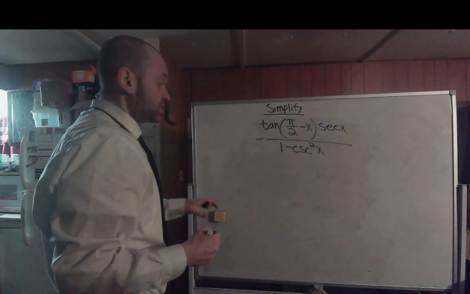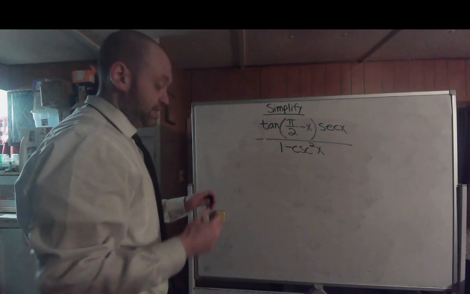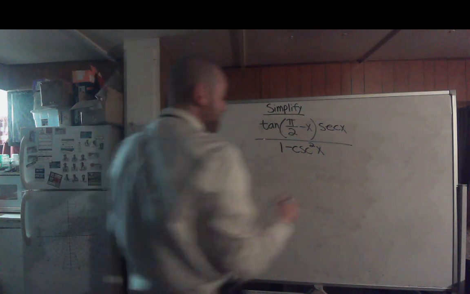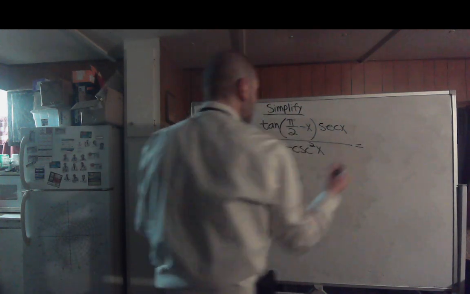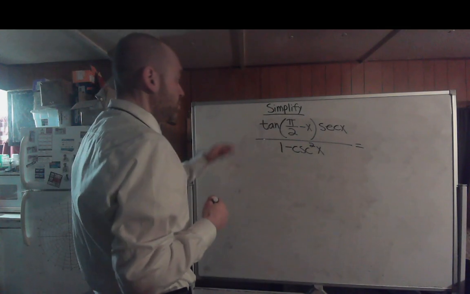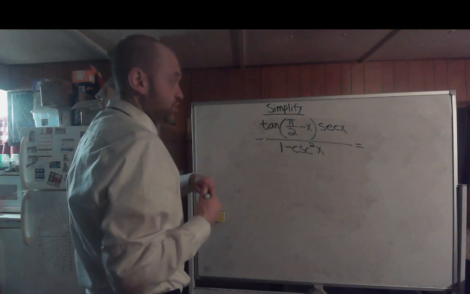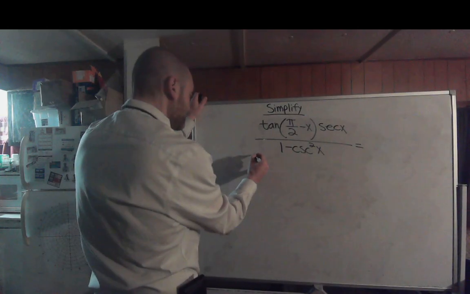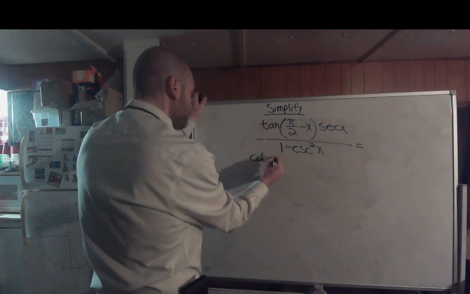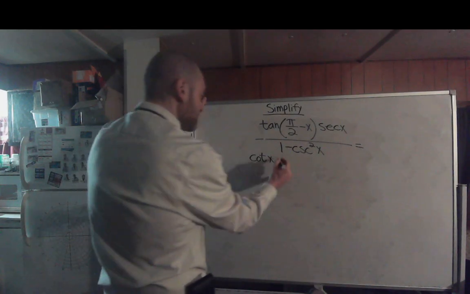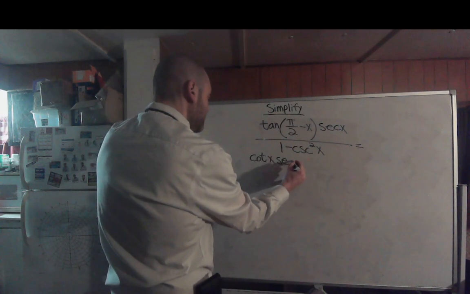Okay, so let's start with each the numerator and denominator. So what is the tangent of pi over 2 minus x? That's the same as the cotangent of x, right? So we have the cotangent of x times the secant of x.